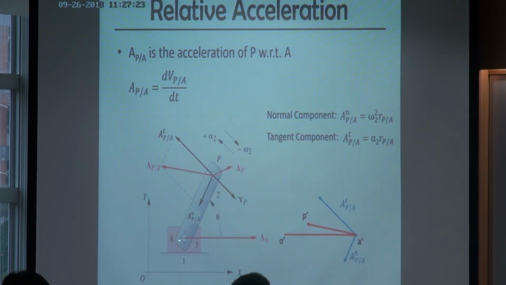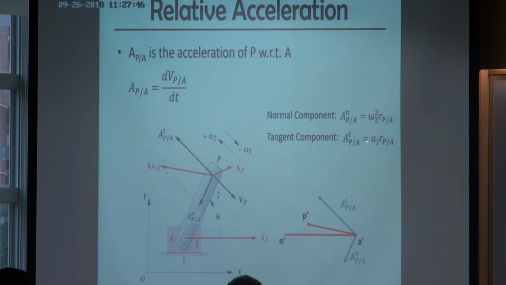This one is rotating about this point, so the length is length PA, which I represent as RPA. And omega 2 is the angular velocity of this bar. So the normal component can be represented in this form.